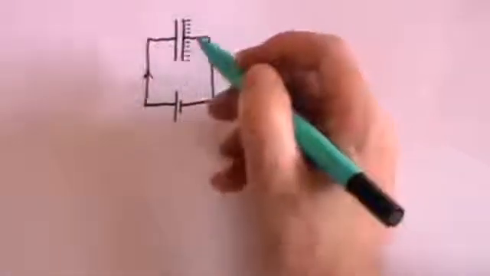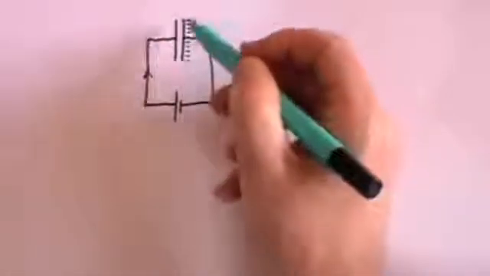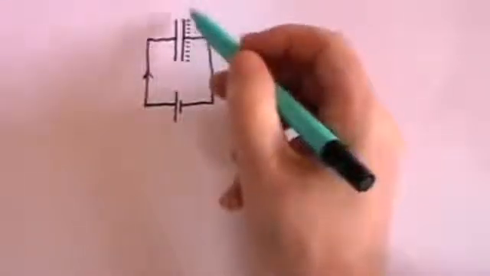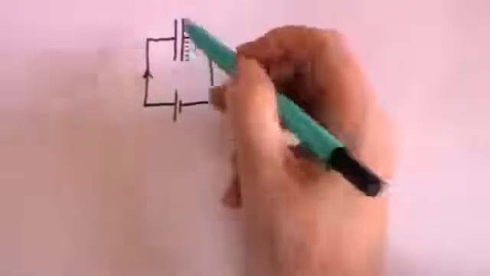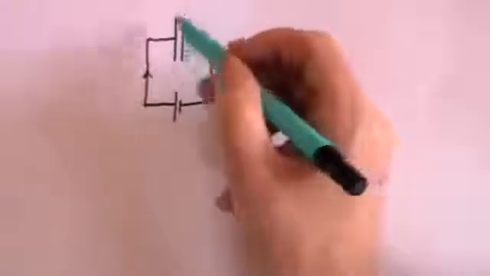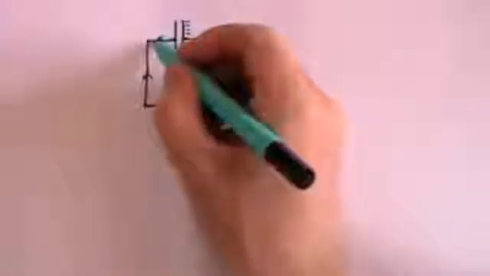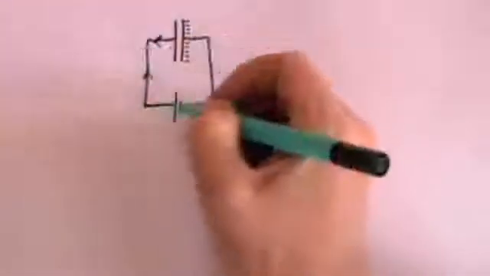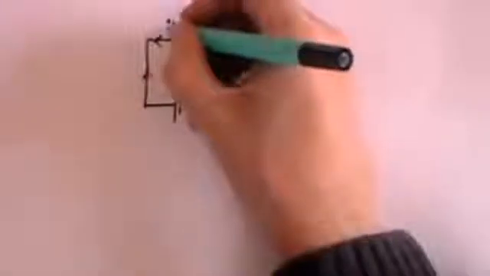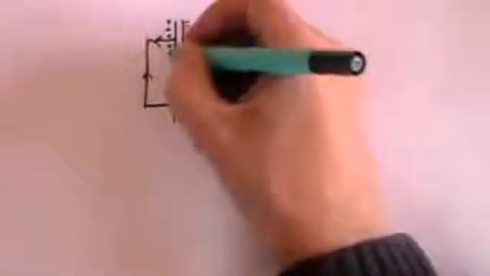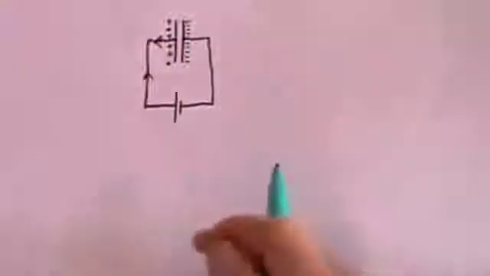That's the crucial point. And if you get a congregation of negatively charged electrons on this plate, those electrons will repel the electrons on this plate and push them. The electrons will now flow in this direction back to the positive terminal, leaving a residue of positively charged particles on this plate. In other words, energy has been stored.